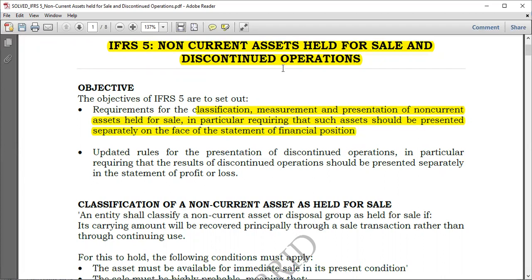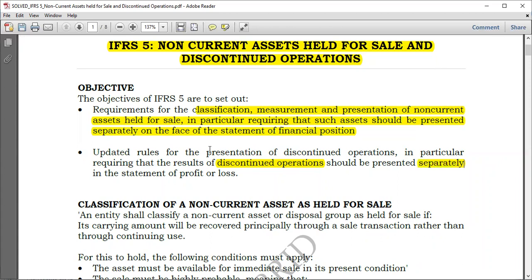But also it speaks of discontinued operations. So it speaks of rules for presentation of discontinued operations, in particular requiring that results of discontinued operations should be presented separately. Should be presented what?